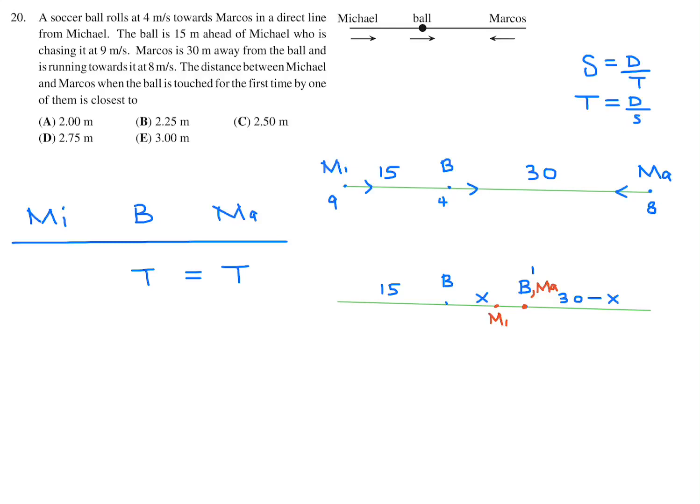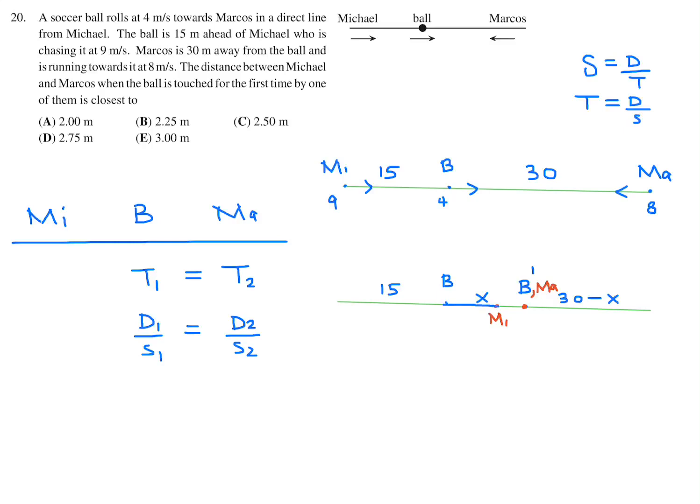All right? So I'll just call this T1 and T2. Now T1 in terms of our formula is going to be D over S. Let's call it D1 and S1, and T2, D2, and S2 like that. Well, D1, what is D1?